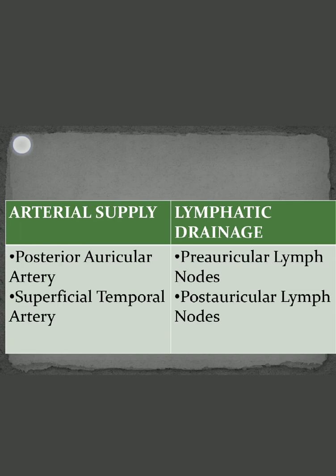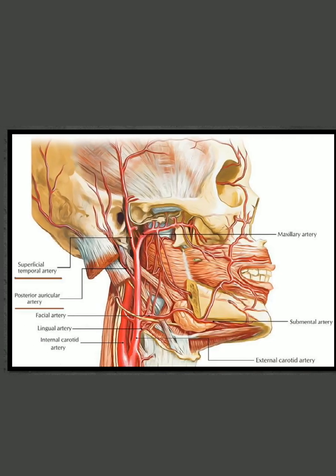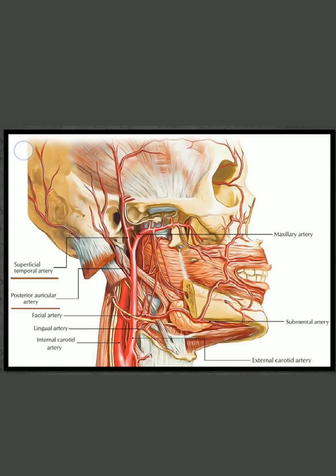So it's easier to memorize because जो vessels जहाँ जिस surface पे आती हैं, they take their name from the same place. In this figure, you can see this is the external carotid artery, and it is giving off the superficial temporal branch and the posterior auricular, because ये auricle से पीछे वाले side पे है.